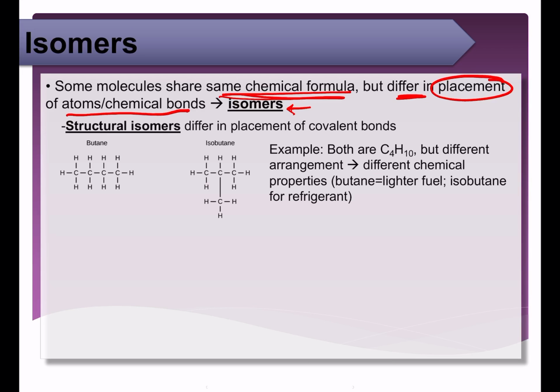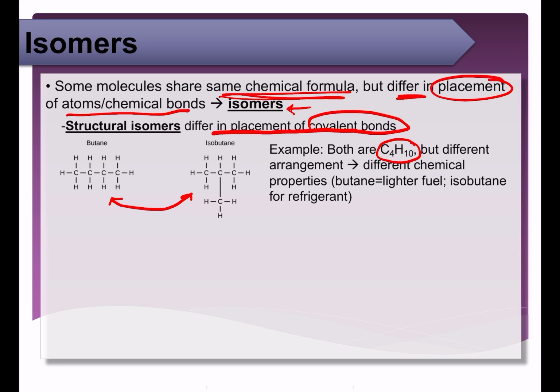So structural isomers are chemicals that have the same chemical formula. Okay, so the same amount of C's, same amount of H's, but they differ in the placement of covalent bonds. An example of this is where both of these molecules shown here have the same chemical formula, C4H10.